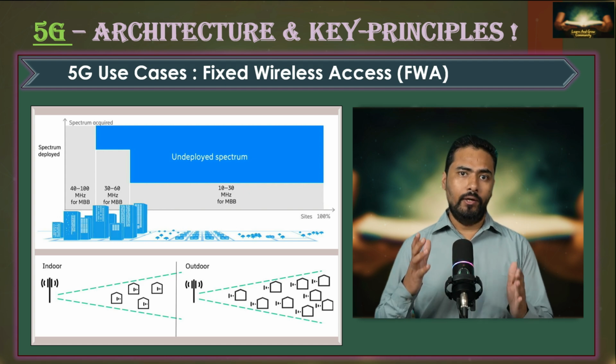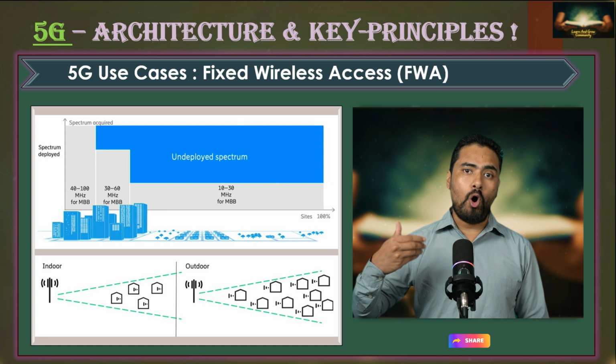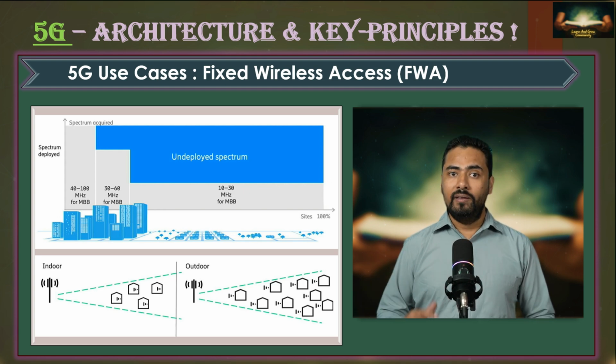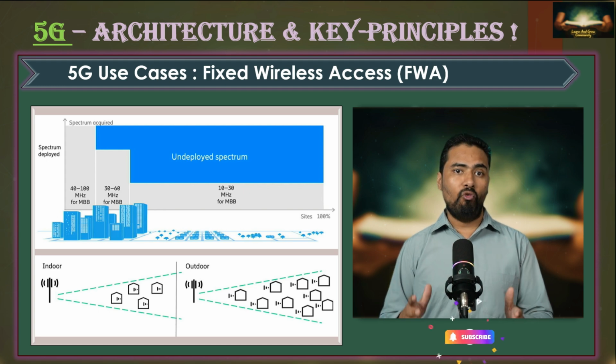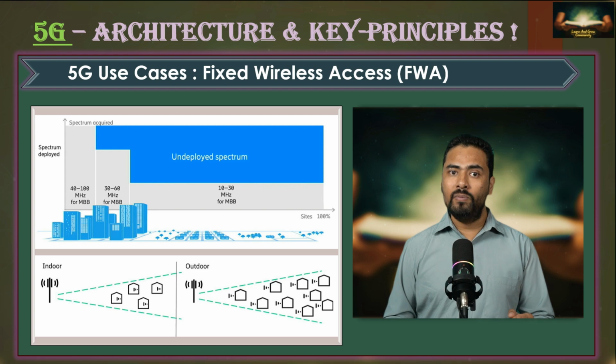For example, here you can see a typical scenario where the spectrum assets owned by some operator are underutilized in suburban and rural areas. They can use this unused spectrum and existing sites to provide fixed wireless access through a device called CPE, which is Customer Premises Equipment.